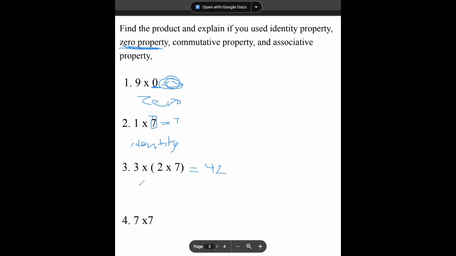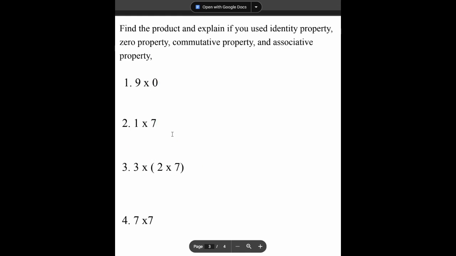We used associative property for this, because it doesn't matter the way you group this, and it's a lot harder to do 14 times 3 than it is to do 6 times 7 in your head. So we can just change the groupings, because when you're multiplying just straight in a row, the answer just stays the same no matter what order the numbers are in or how you group them.